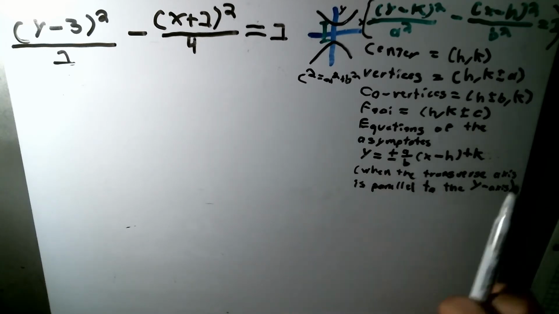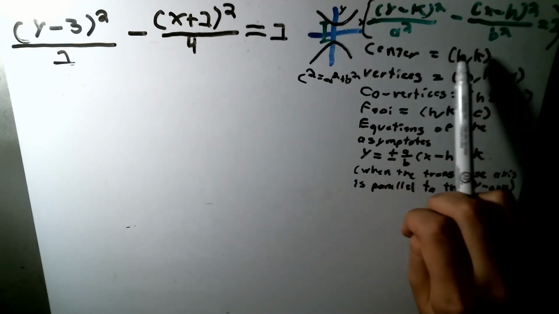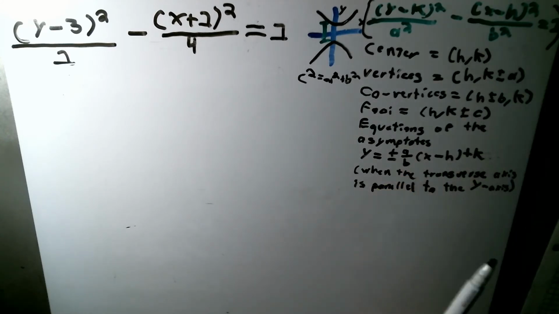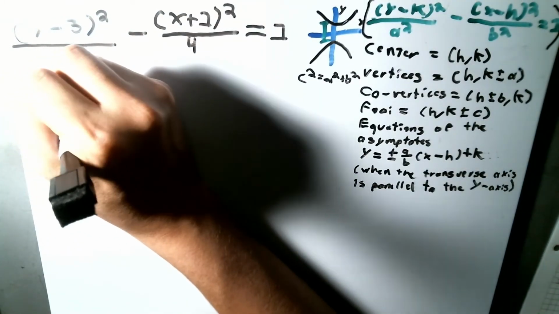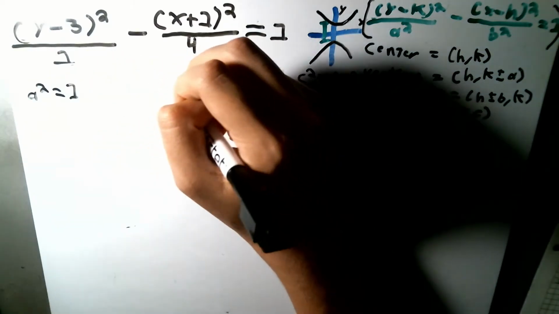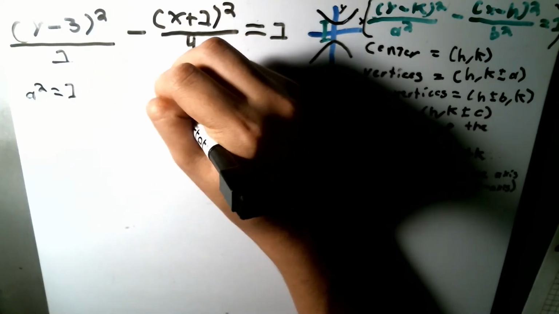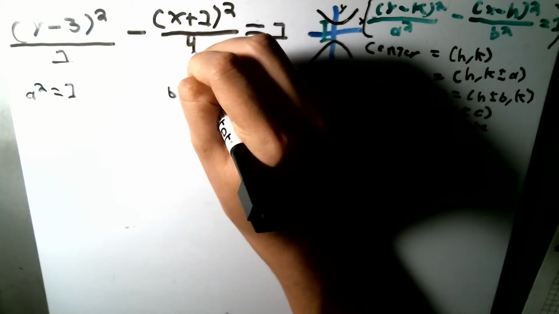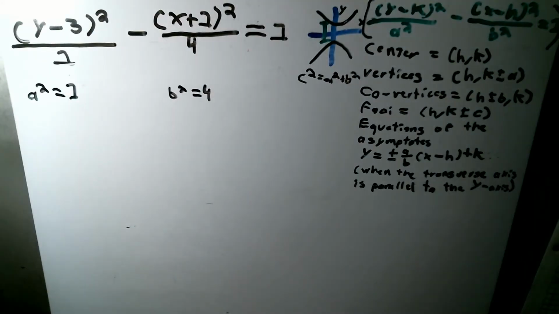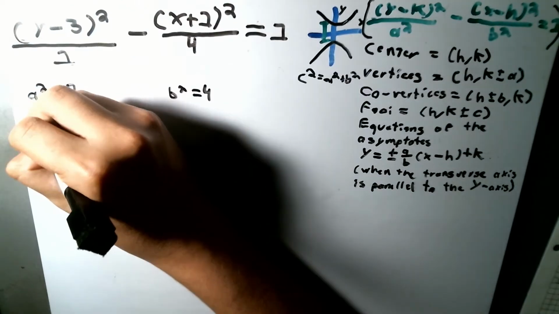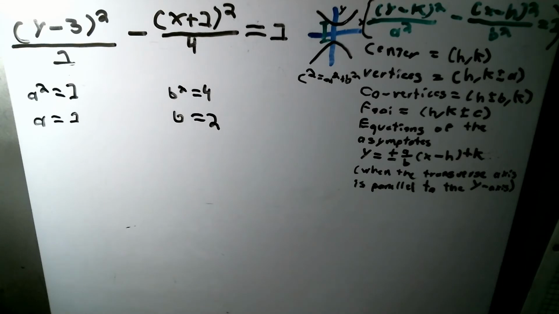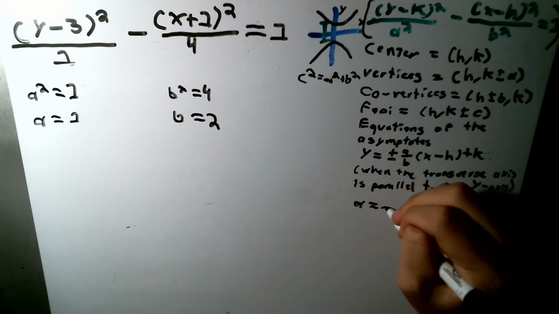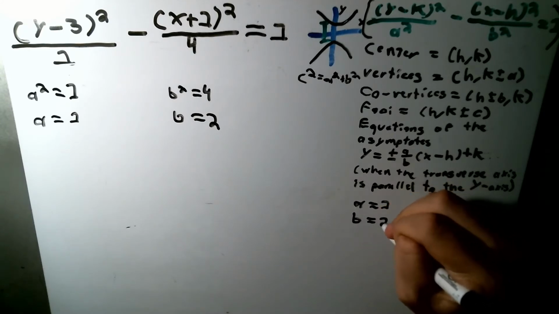All of those are found in the equation. a² equals 1, and b² equals 4, because of these two denominators. So a equals 1, b equals 2. There we have two of the values. I'm writing them here: a equals 1, b equals 2.